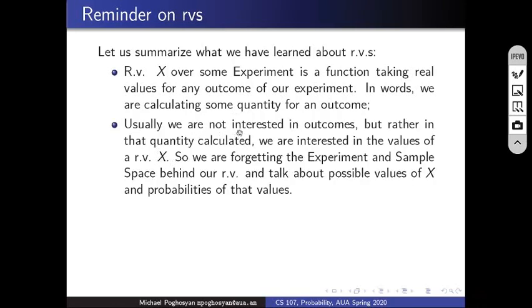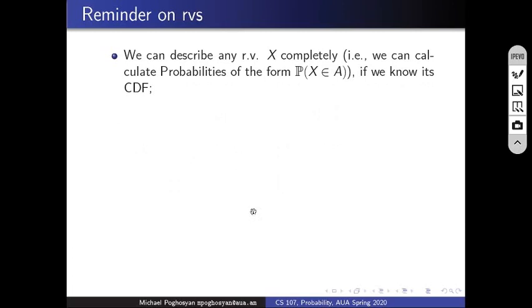And usually we are not interested in the outcomes of this experiment, we are not interested in the sample space, but rather we are interested in the quantity calculated for that outcome. And we are interested in the values of our random variable x. So we are forgetting about the experiment, the sample space, we are forgetting about outcomes and talking about possible values of x and probabilities of taking those values.